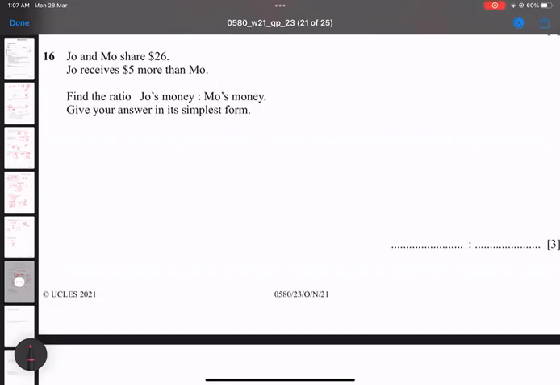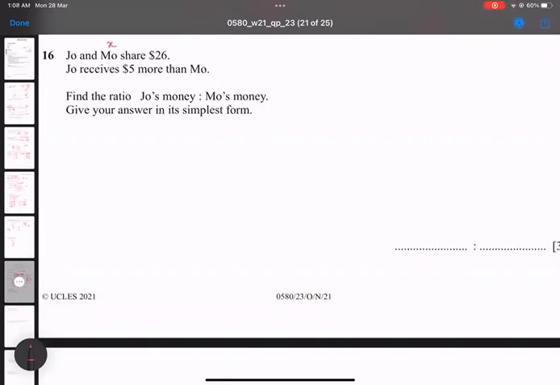Because the sharing amount is 26 and Joe received $5 more than Mo. I assume Mo as X and Joe as X plus 5. Logically it is very clear because, according to the question, Joe received 5 more. More means plus.